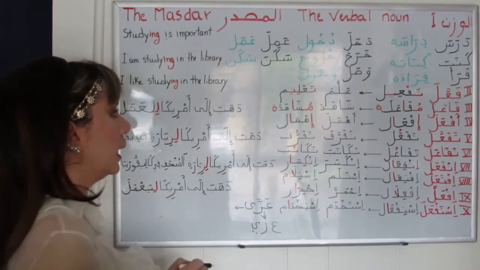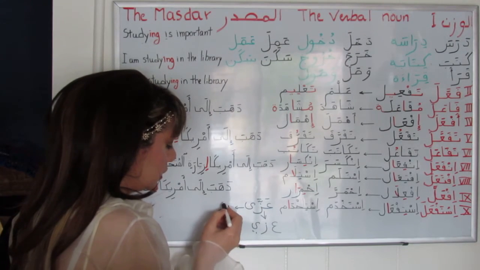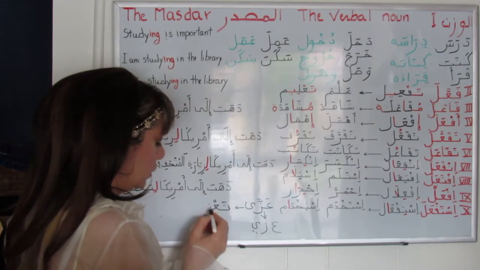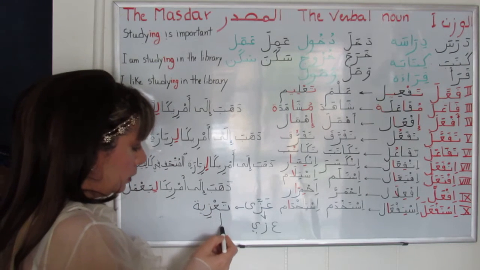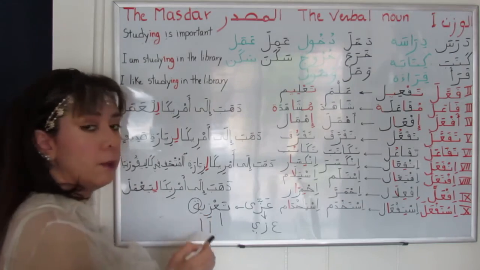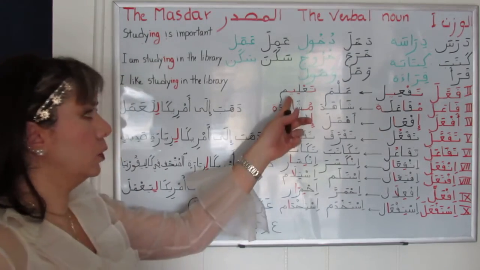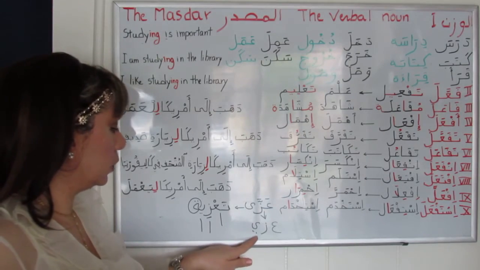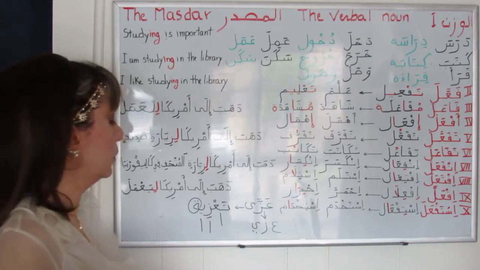And the verbal noun will be prefixed with ta, zia. So we have ain, zay, ya and ta marbuta in the end. Ta'ziya. We don't have the long vowel yet. We used the third radical from the root to form the verbal noun.